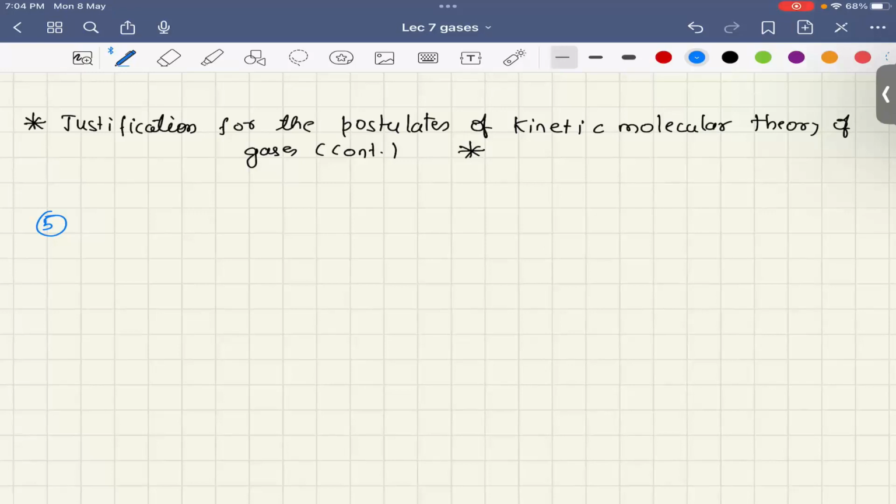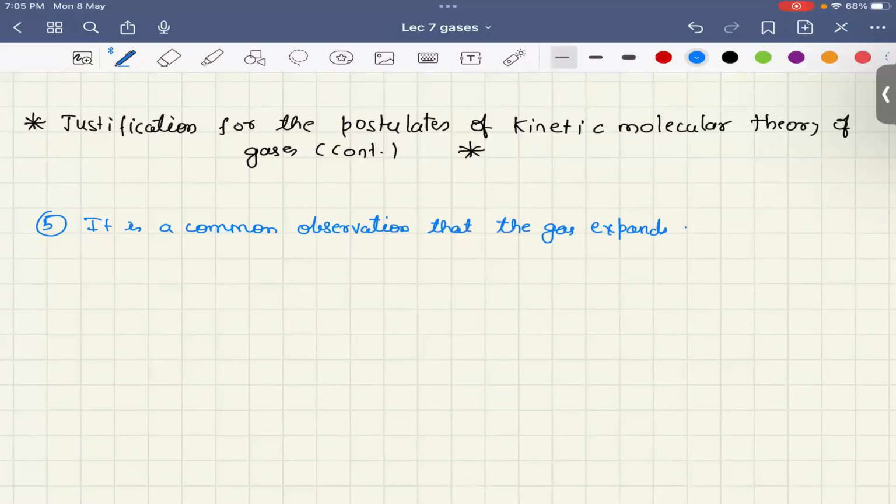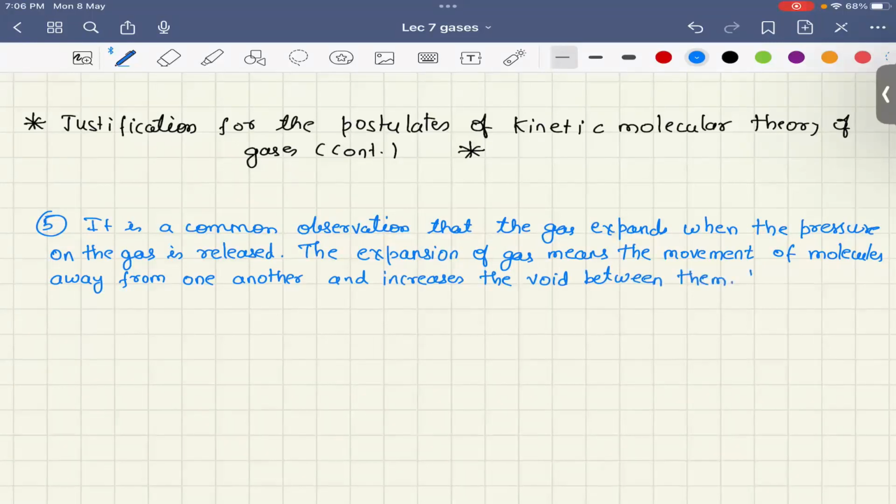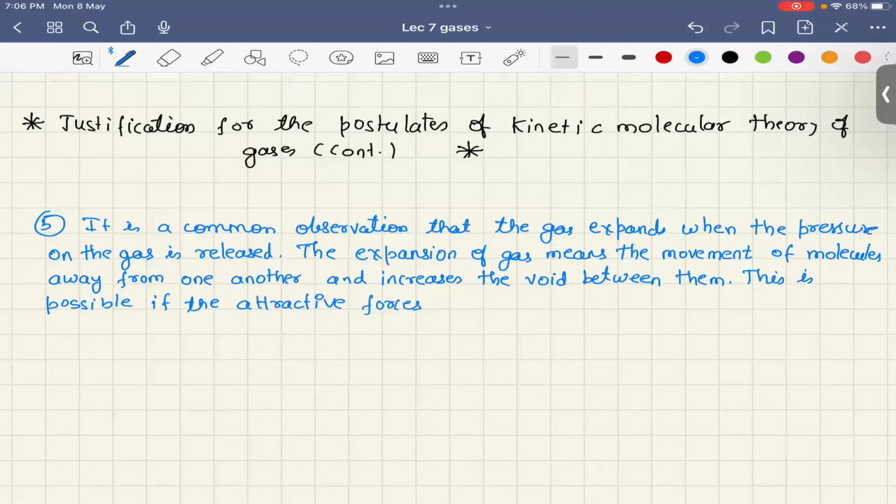This is possible if the attractive forces between the molecules are negligible.